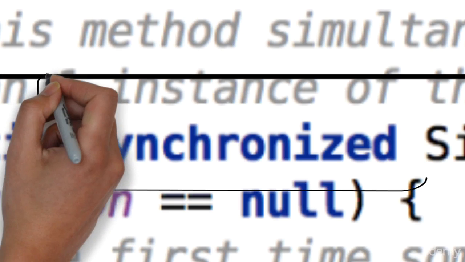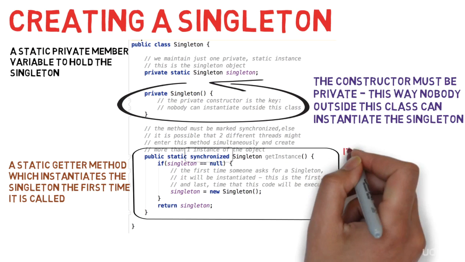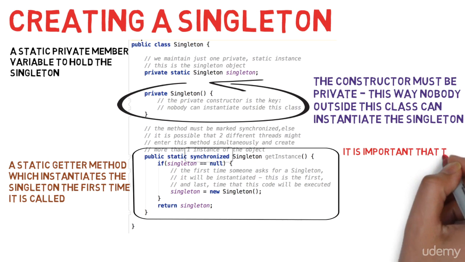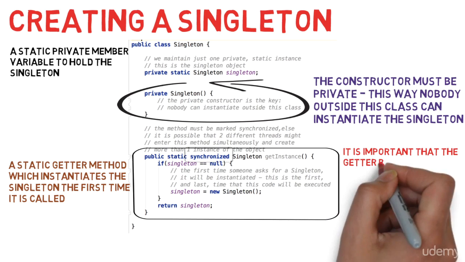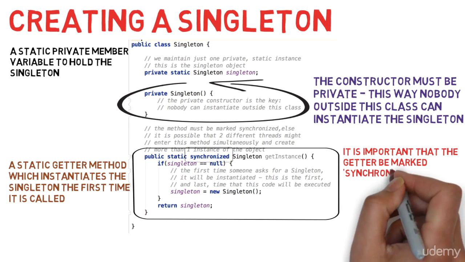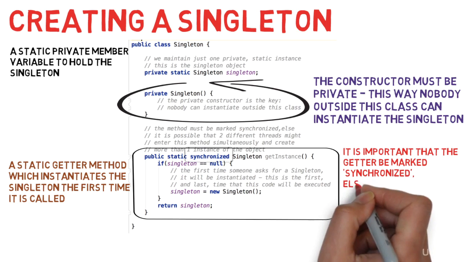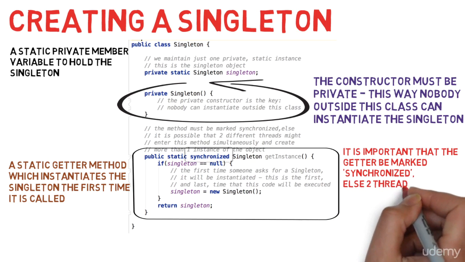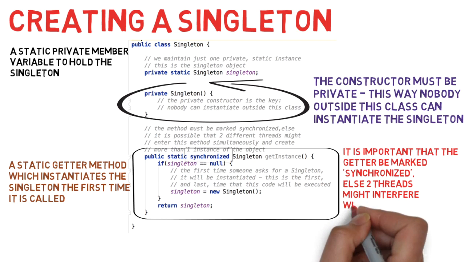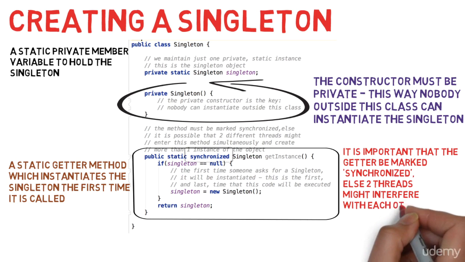Now, synchronized getInstance. The synchronized keyword on getInstance is very, very important. The whole idea of the singleton is that it's used in a huge application which has multiple threads running. You do not want to allow two threads to create their own instances of singleton.